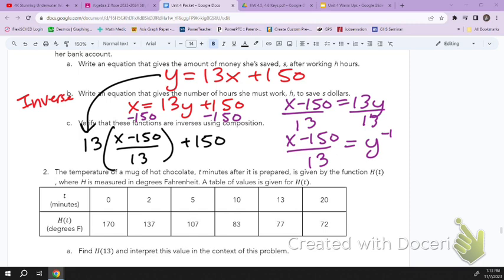So I'm going to take my inverse equation and replace my original x with this and see what happens. So that's the setup to confirm this.